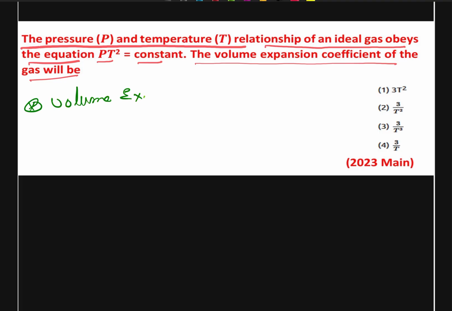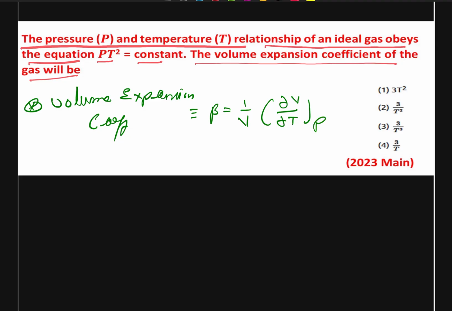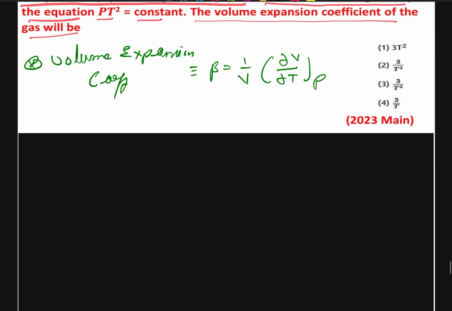so we know that our volume expansion coefficient is given as beta, which is 1 upon V times the partial derivative of volume with respect to temperature at constant pressure P, and we are given that our P T square is equal to constant.